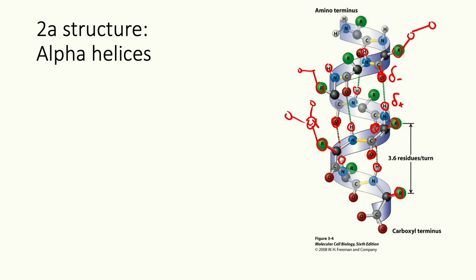So here's a partial negative with a partial positive. And so if you have a whole bunch of small dipoles all aligned in the same direction, then you have a net dipole for the entire helix. And that has consequences for things like how it interacts with other secondary structure elements and how it gets inserted into the membrane, things like that.